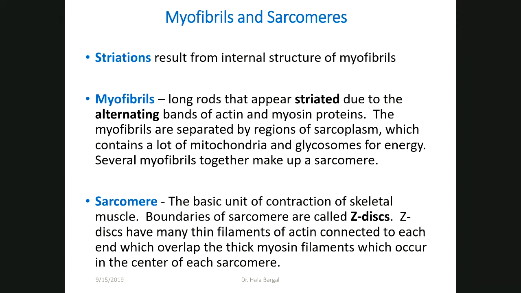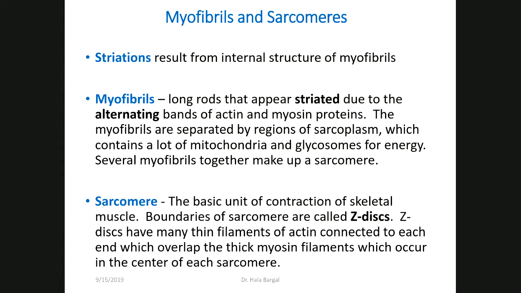As we agreed, it is the organelle responsible for the production of energy, and the glycosomes for energy. Several myofibrils together make up a sarcomere. The sarcomere is the basic unit of contraction of the skeletal muscle.